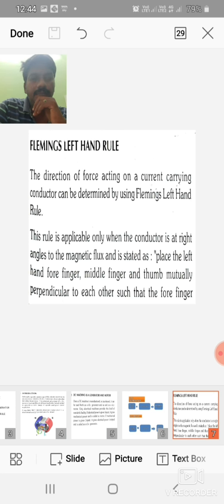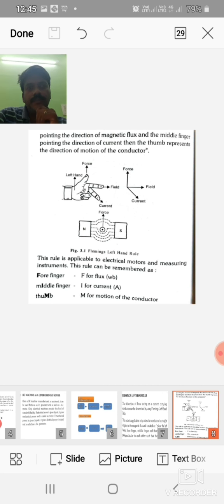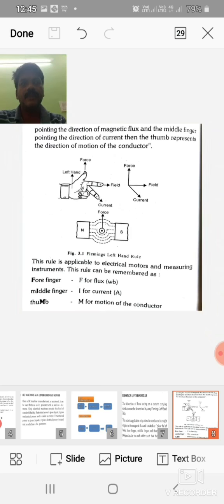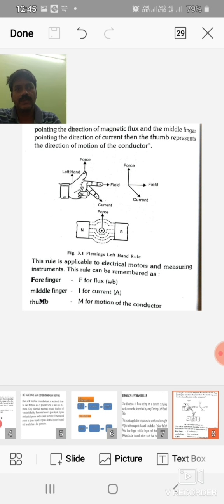This rule is applicable only when the conductor is at right angles to the magnetic field and is stated as: place the left hand forefinger, middle finger and thumb mutually perpendicular to each other such that the forefinger points in the direction of the magnetic field, the middle finger in the direction of the current, and the thumb represents the direction of the motion of the conductor. This is known as Fleming's left hand rule, the basic principle for a DC motor.